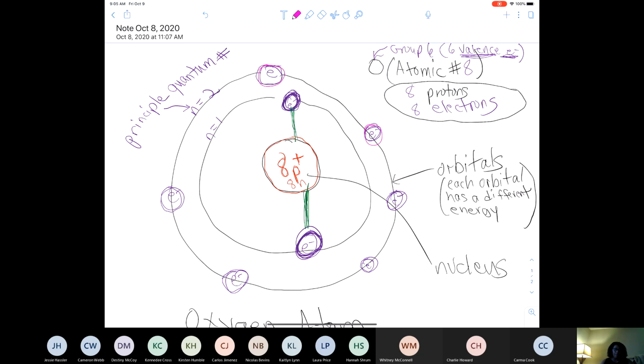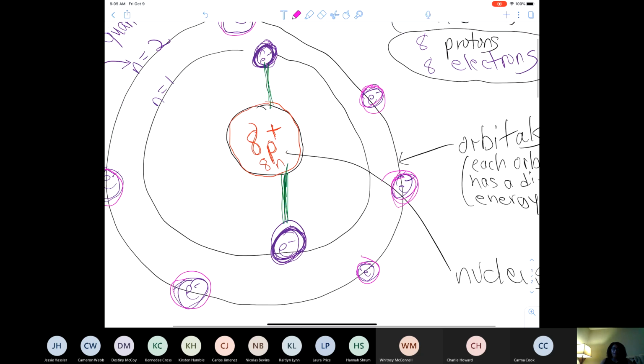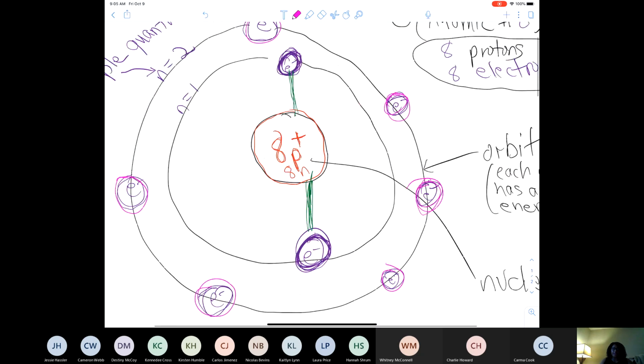So these are the outermost electrons in the pink. They're further away from the nucleus.